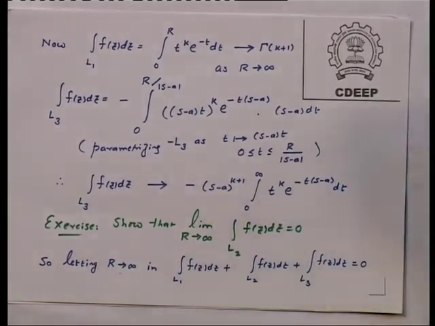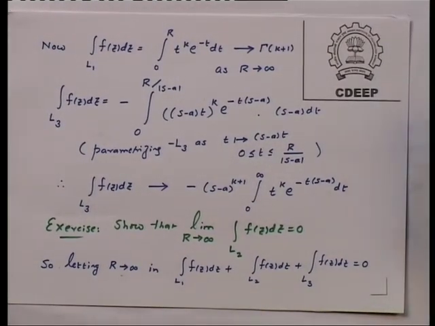So let us look at the integral over L3 of f(z) dz. It is minus, where does the minus sign come from? Because I had changed the orientation. Minus the integral from 0 to r upon mod s minus a, and instead of z you are going to put t into s minus a everywhere in the definition, correct, and that is what you get: t into s minus a, the whole raised to the power k, e to the power minus t into s minus a.